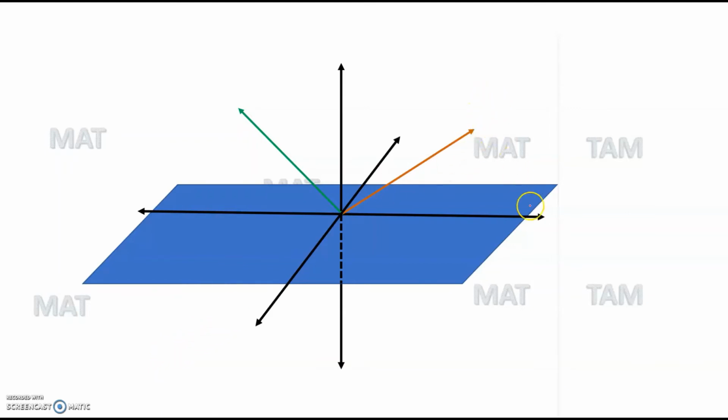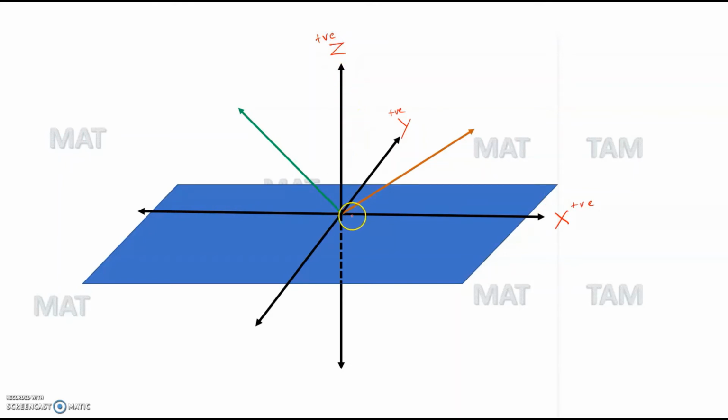So let's assume that this is my x-axis, y-axis, and my z-axis. I'm going to consider this as the positive side of the y-axis, this as the positive side of the x-axis, and this as the positive side of the z-axis.